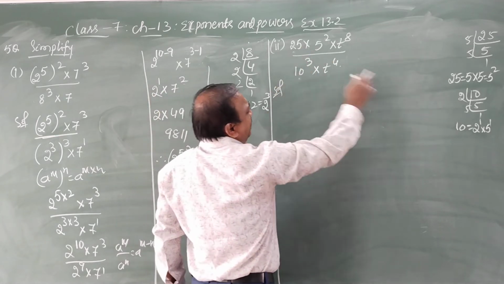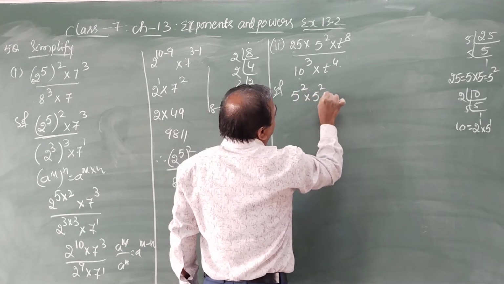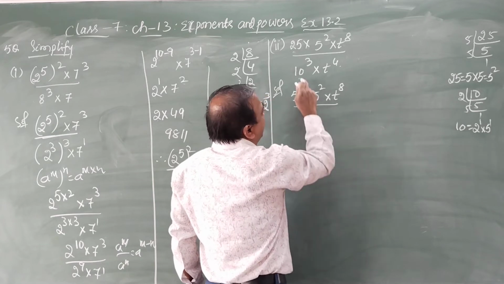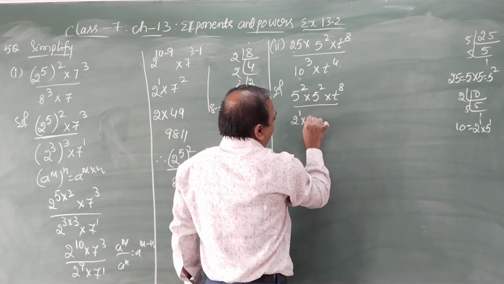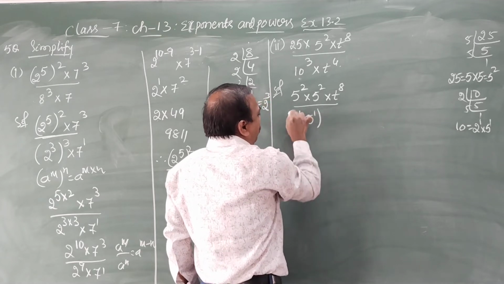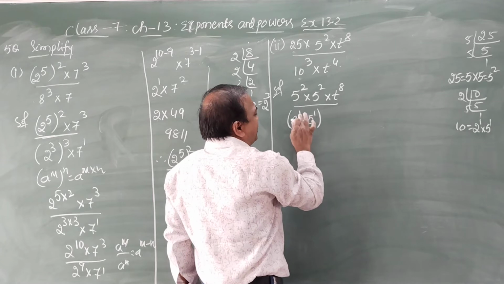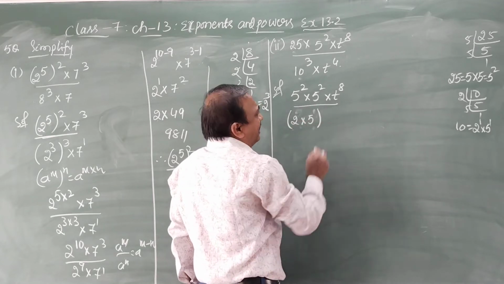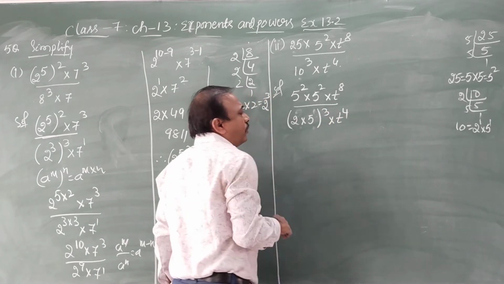So 25 I am writing as 5 square into 5 square into t to the power 8, by 10, which I am writing as 2 into 5, whole to the power 3, into t to the power 4. The power 1 is not necessary to write, since it is only one time.